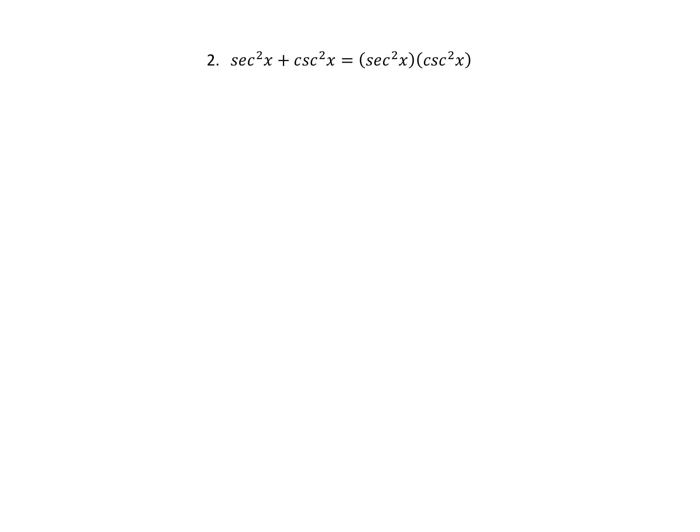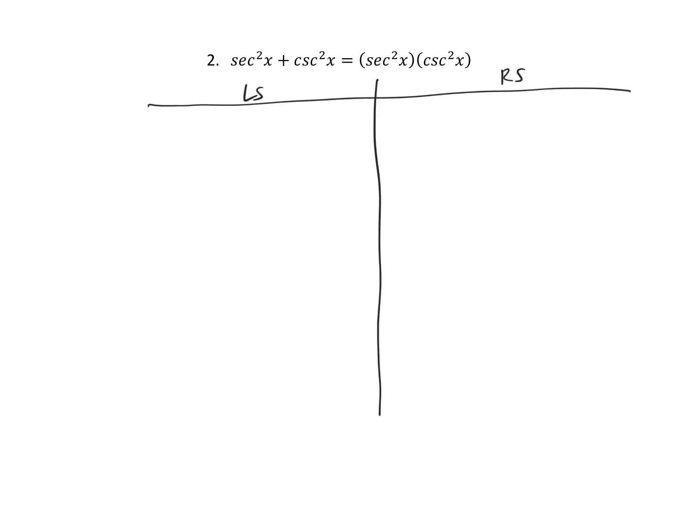All right, let's see what we have here. On the left side we have secant squared x plus cosecant squared x, and on the right side we have secant squared x multiplied by cosecant squared x.